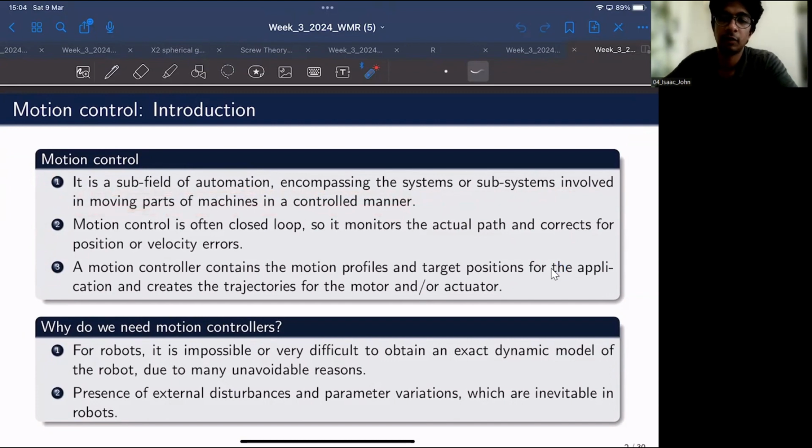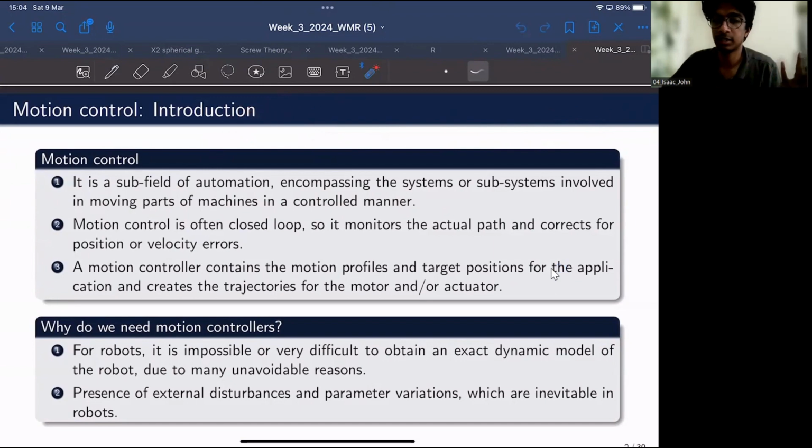If you take a robotic system in particular, it basically consists of a series of rigid bodies connected or constrained by different kinds of joints, and we would want to control these linkages of rigid bodies in a controlled manner.